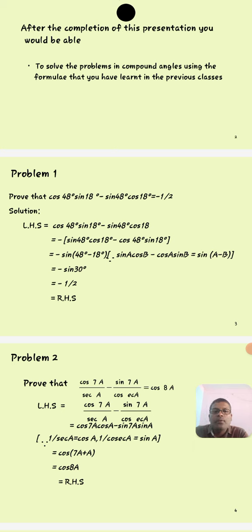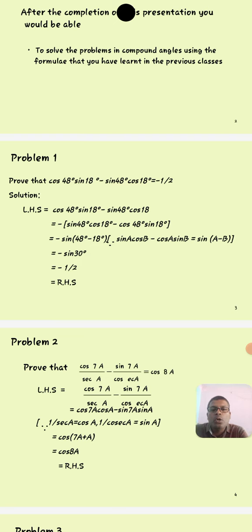So we apply the formula of sine of A minus B, which is sine A cos B minus cos A sine B. Just compare this one. Sine A cos B minus cos A sine B is equal to what? Sine of A minus B.